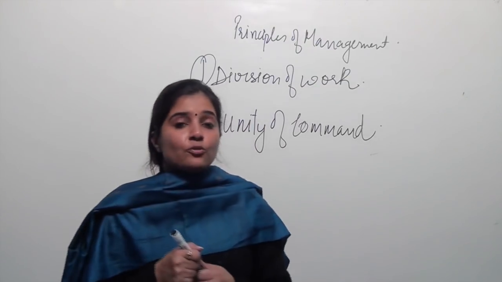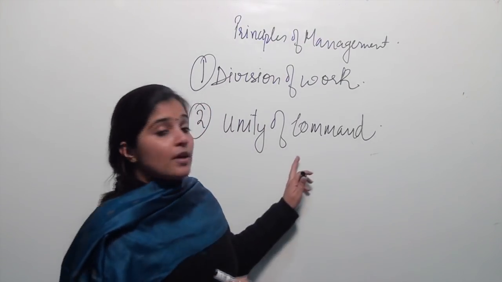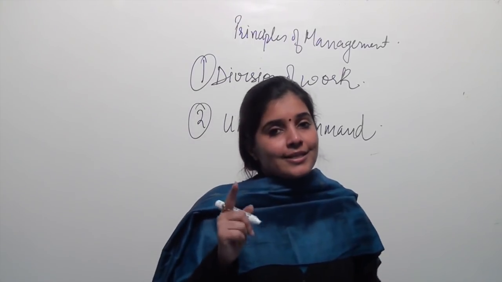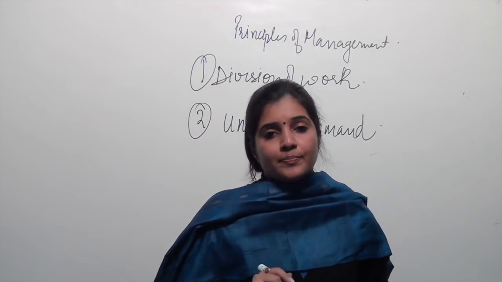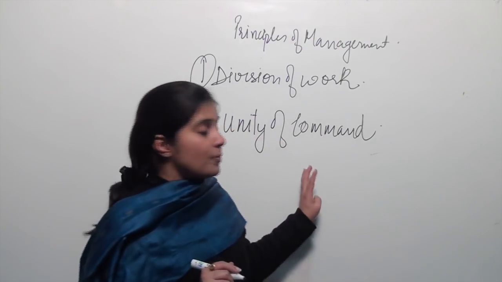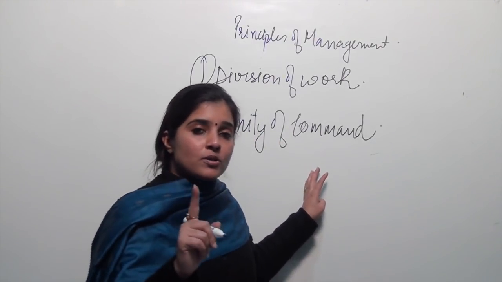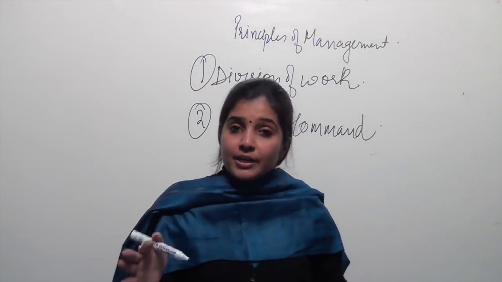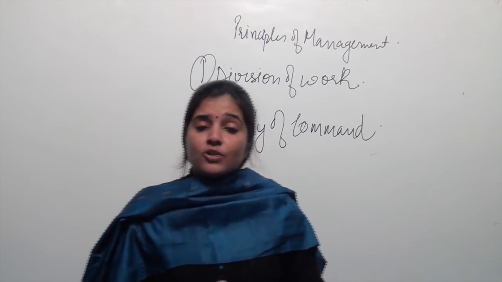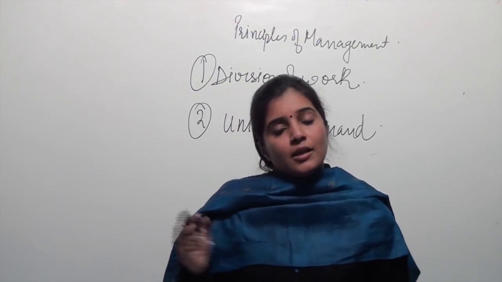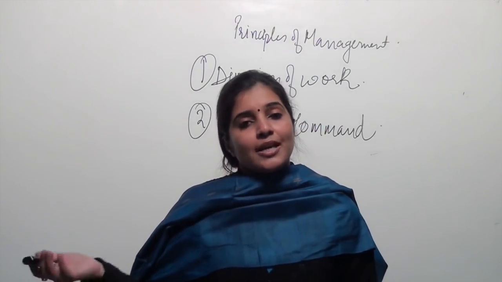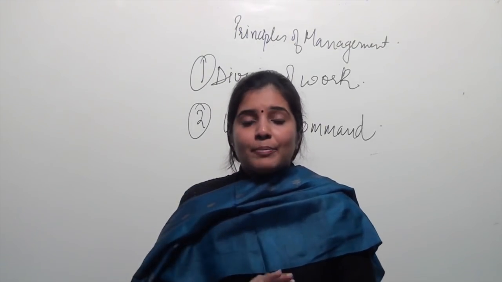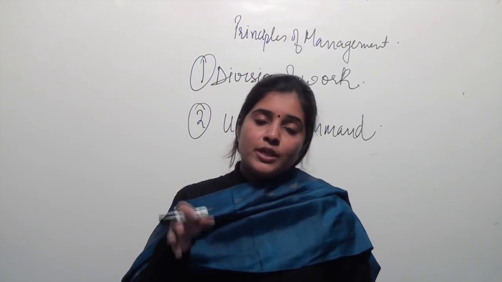The point that I'm trying to make over here is unity of command says that one employee should get instructions from one boss only. My reporting of a particular employee should be to one boss only. He should not be reporting to two different bosses. Why? Because it may happen that the instructions that boss A is giving is against the instruction that boss B is giving. So here there will be overlapping of the instructions that are being given to the employee.